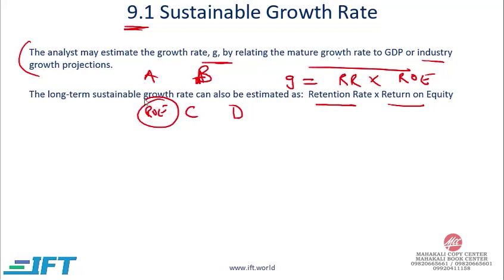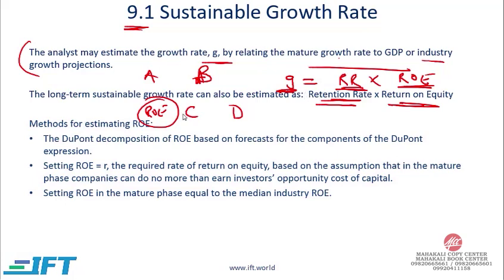So therefore, simplistically, the growth rate has a positive relationship both with the retention ratio and with the return on equity. So make sure you remember this, and hopefully this is not hard because you've seen it at level 1 also. What are some methods of coming up with ROE?